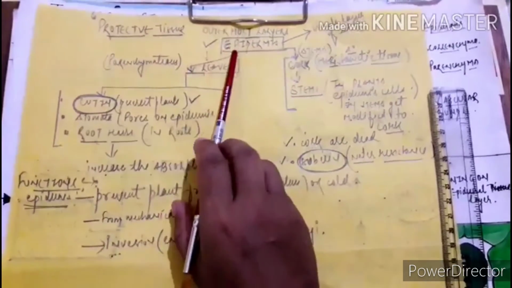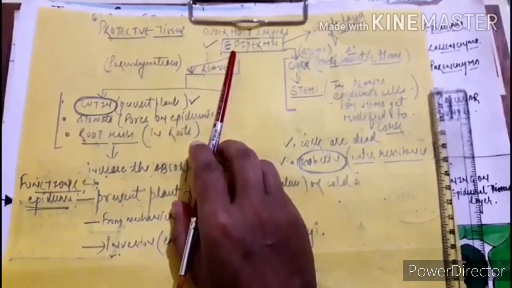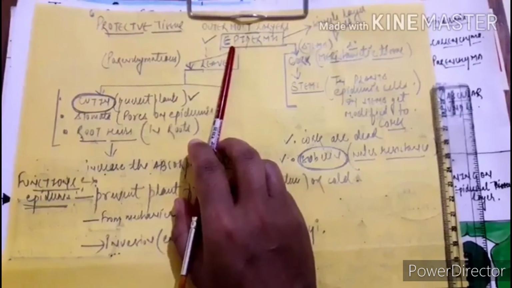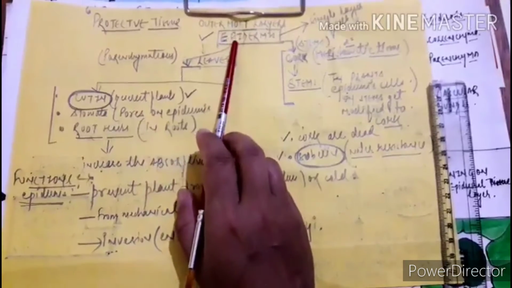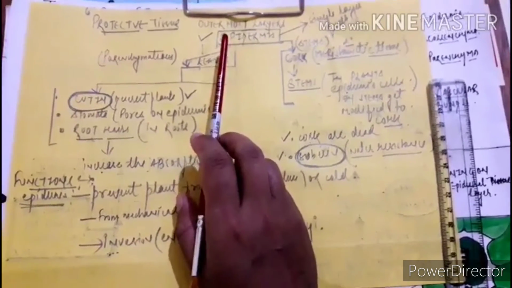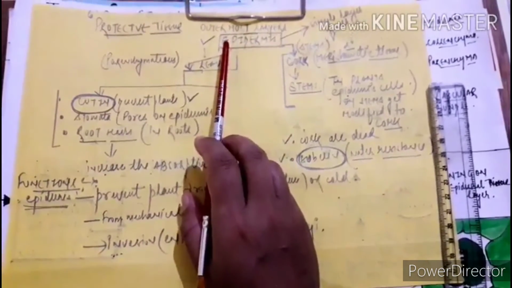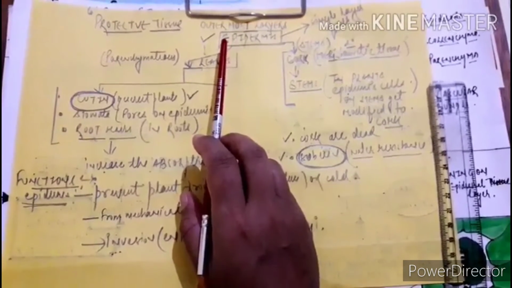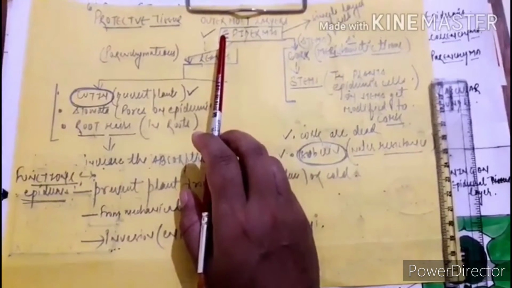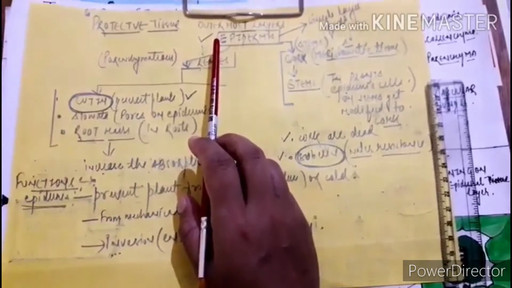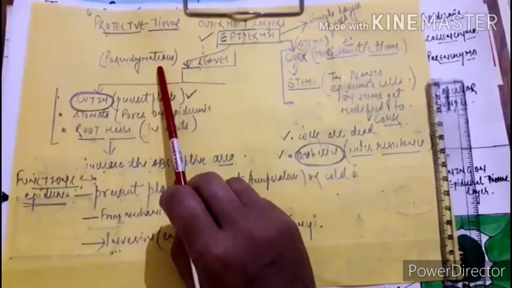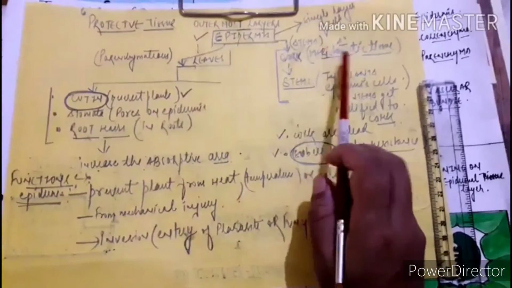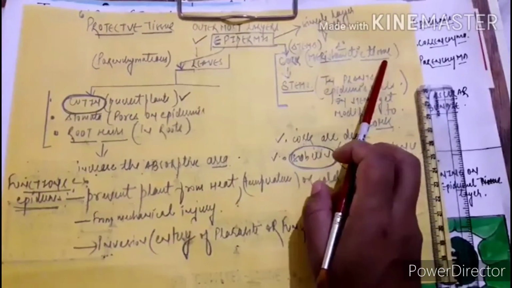Secondly, the epidermal cells form a single layer. Under the epidermal tissue system we learn about the appendages. The first thing you have to keep in mind is that the epidermal layer of the plant is the protective tissue layer. Secondly, they are mostly parenchymatous tissues. These corks were secondary meristematic tissues.